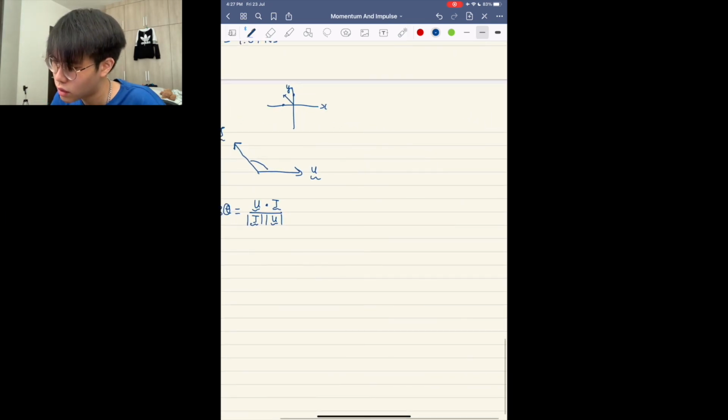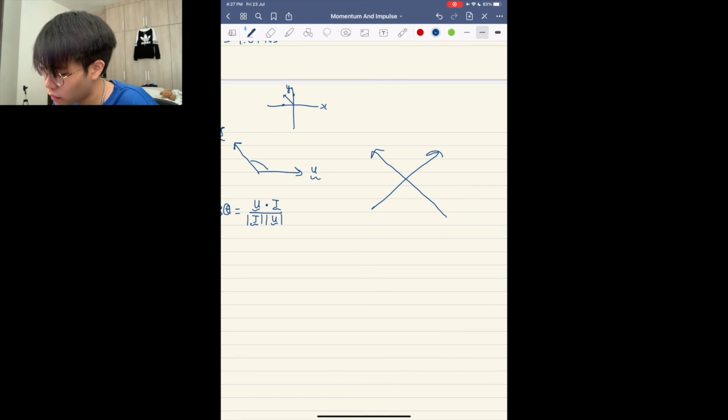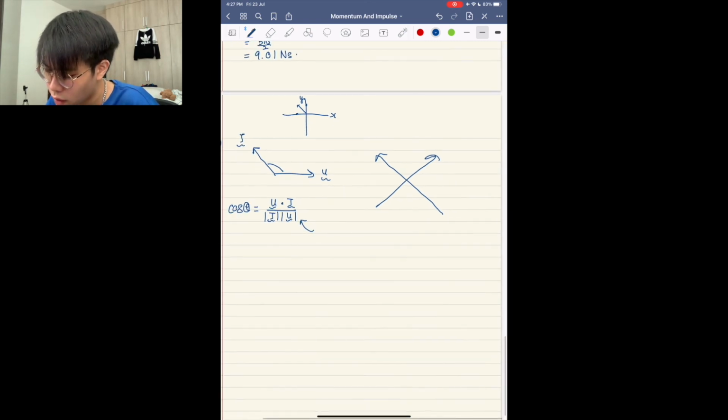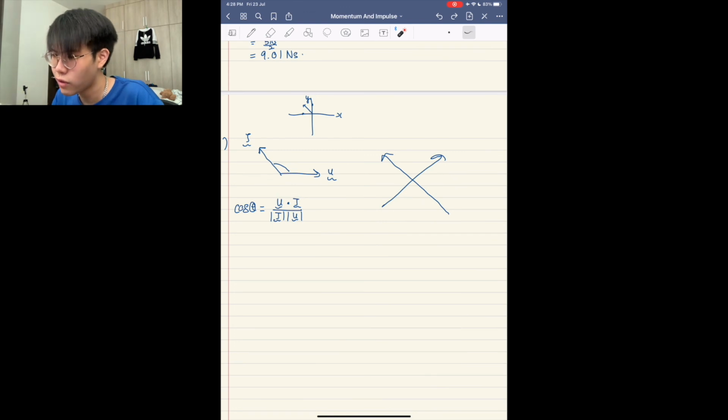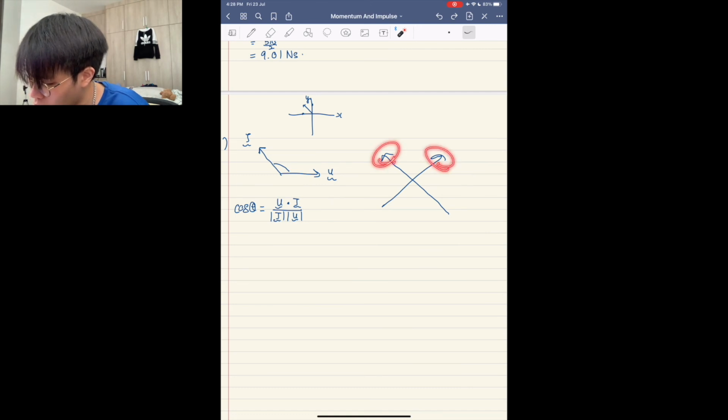And another thing is, for example, if you have something like this, and you use this equation, you always find the angle between where both of these vectors are going out.